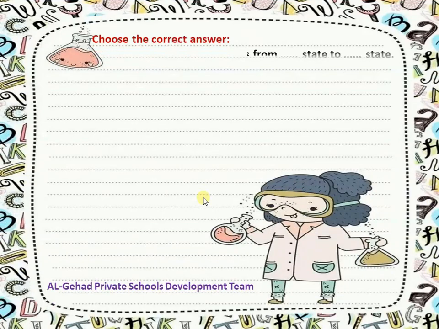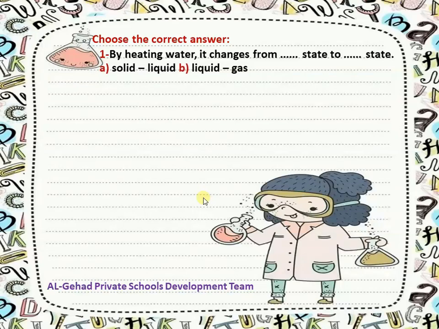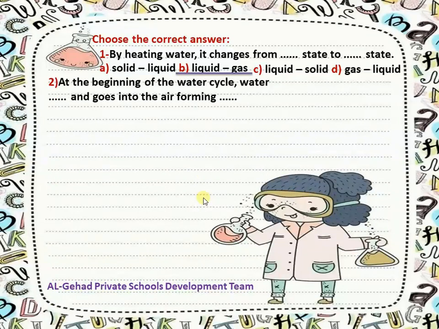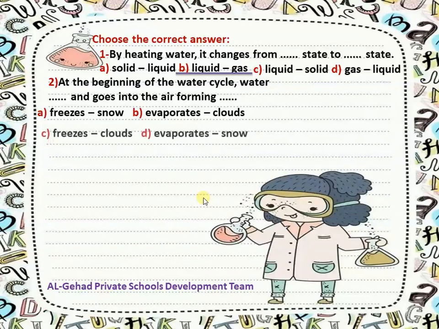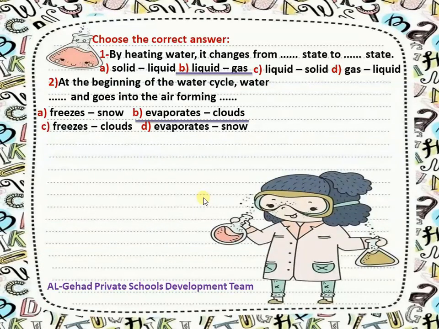Choose the correct answer. By heating water, it changes from state to state, from liquid state to gas state. Number 2, at the beginning of water cycle, water goes into the air.